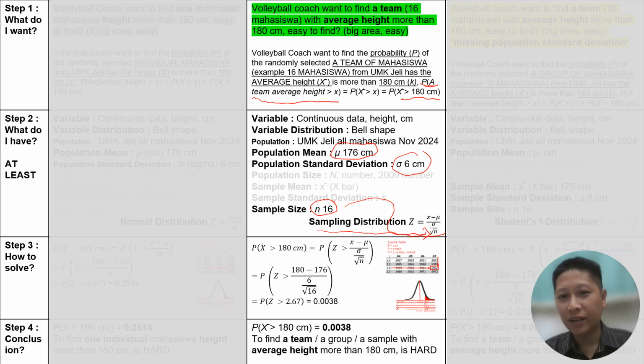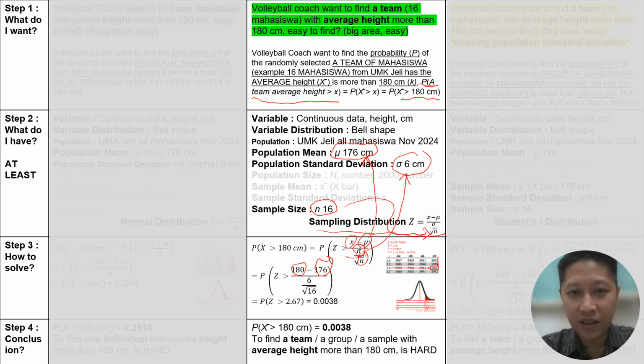So we're going to plug in. The X is what we want. We want the team to be more than 180 cm, so we write 180 cm. The mu is the population average, the population mean, 176. And this is the sigma, the standard deviation, 6.